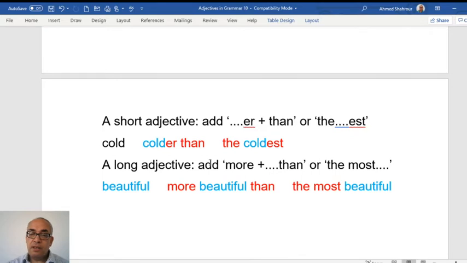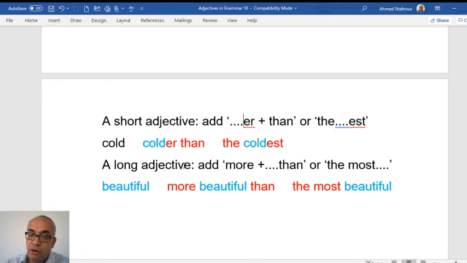So this is the grammar rule for this video. If the adjective is short, what do we put? We put adjective plus er plus than, or the plus adjective plus est.